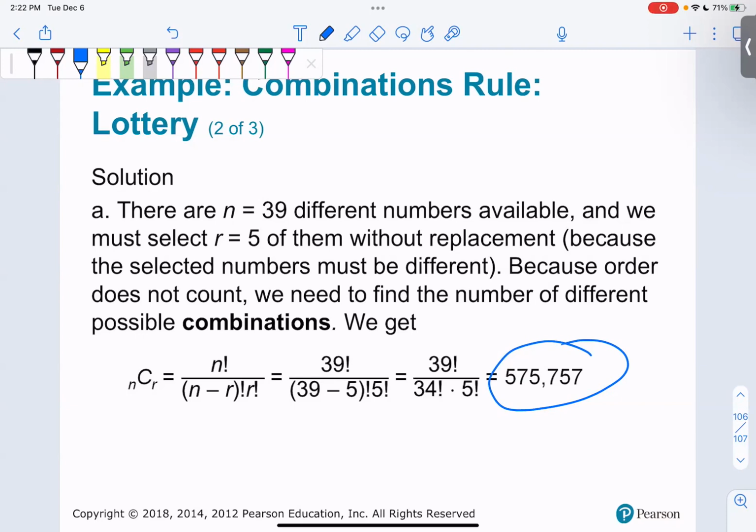This is how you can do everything with this calculator. You don't have a class on how to use this calculator? You have a book, exactly the same as your book, on how to use the calculator. Find it, the elementary statistics one, by the same author. Mine gives me a different number.